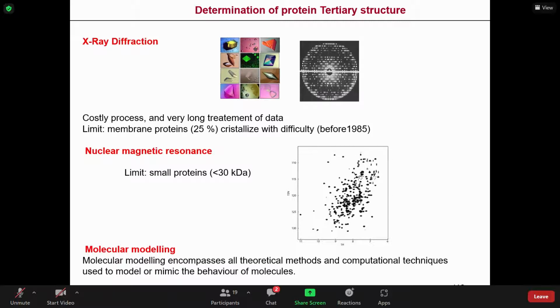The other techniques to obtain the tertiary structure, meaning the position of all the atoms in the protein, the 3D structure, include X-ray diffraction.